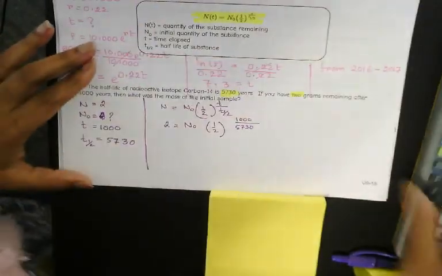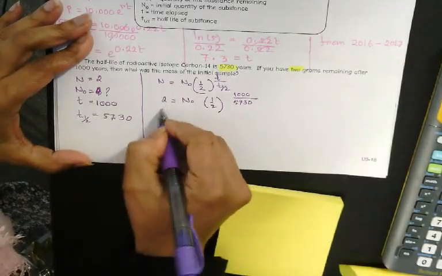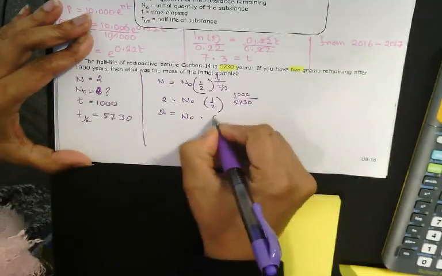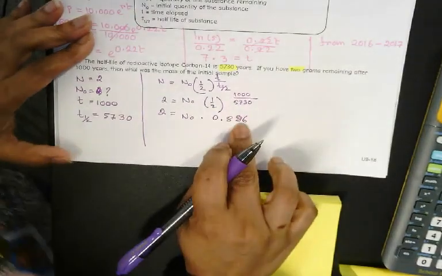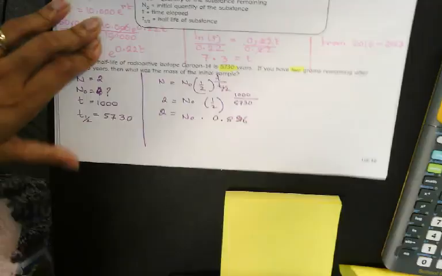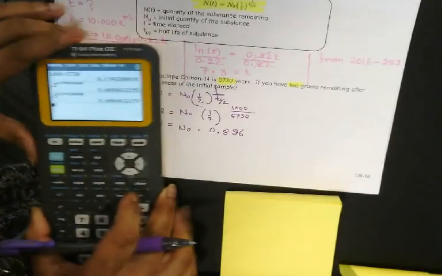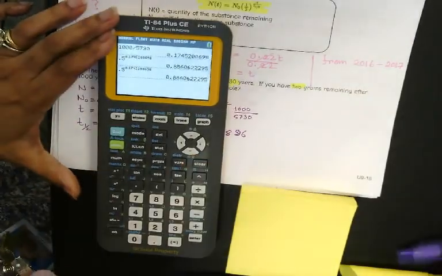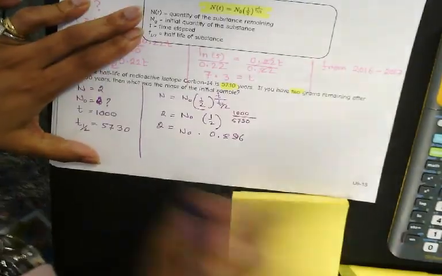I'm going to write it over here as 2 is equal to N naught, and this value is 0.886. I'm just writing it over here. I'm not going to round it when I'm calculating because it's going to give me a very different value otherwise. I'll do the same process again: 2 divided by this one. I'm going to divide both sides with this number.